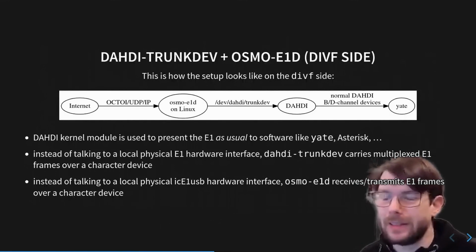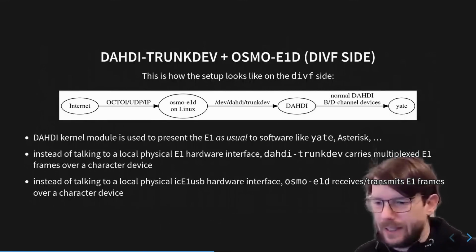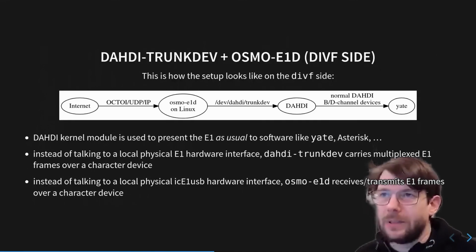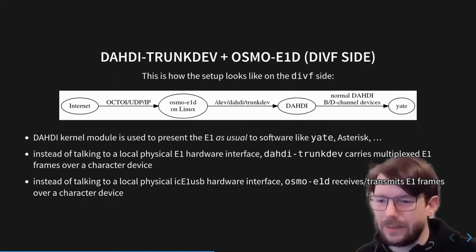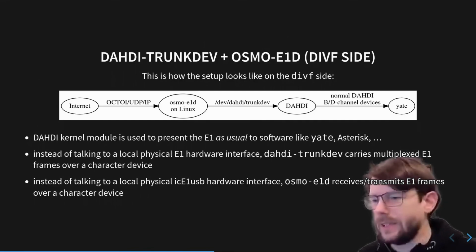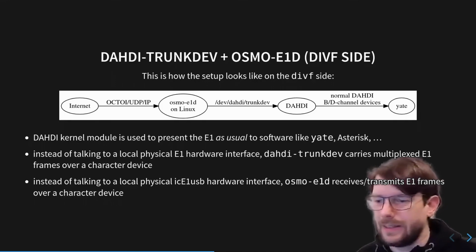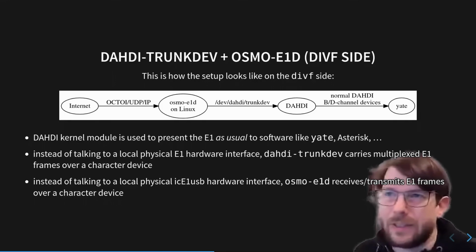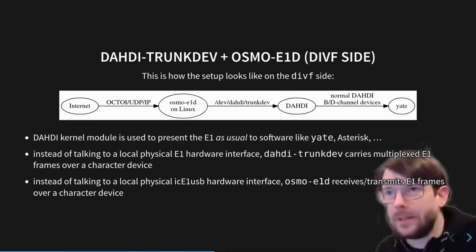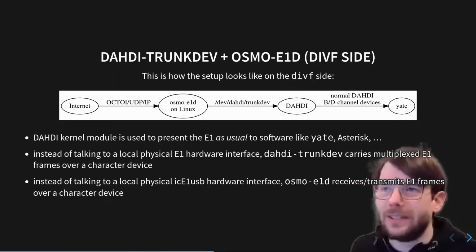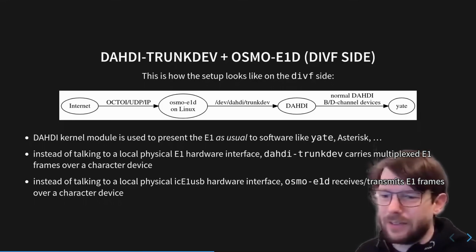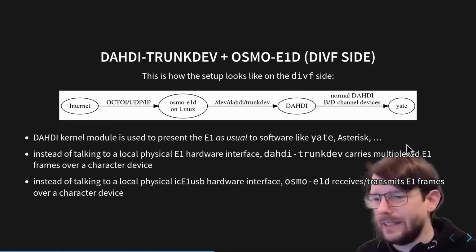physical E1 circuit. Now, ISDN is, of course, not the only protocol that we can speak over this. Up to this point, there is nothing ISDN specific in this setup, meaning that we can also use other protocols over E1, and we have also tested that. So, for example, we have set up some frame relay, another retro networking technology. You can basically have your Cisco router with a physical E1 circuit, feed that into Osmo E1D, and then we have here a network device.